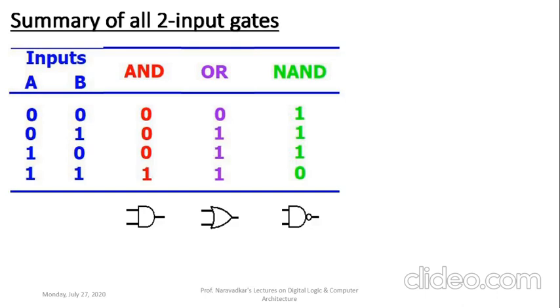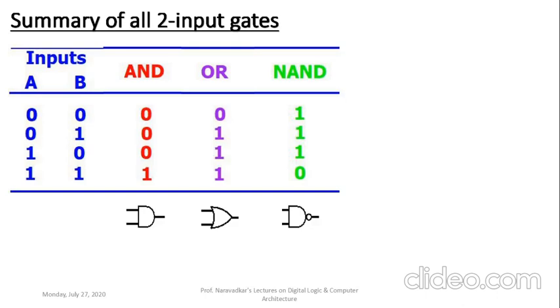And accordingly the symbol is also properly shown at the bottom: AND gate with one small bubble, meaning a small circle, connected to the output side. This is the logical symbol for that NAND gate here.